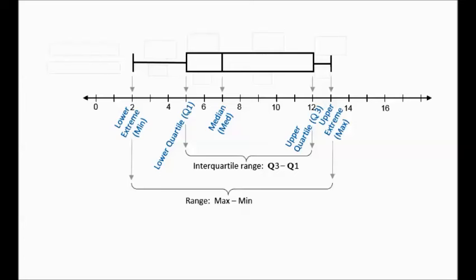When they ask you what percent of the data falls between each one of these sections, remember that each different part of the box and whisker plot, like I have highlighted in different colors here, will represent 25% of the data. No matter whether the section is short or very long, each part will always represent 25% of the data.